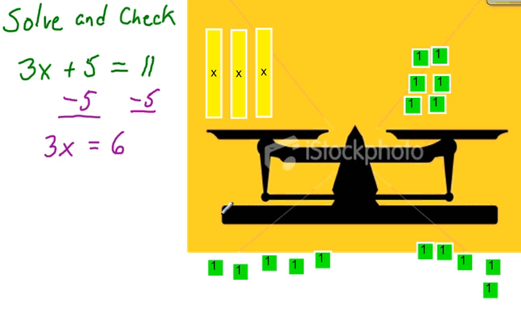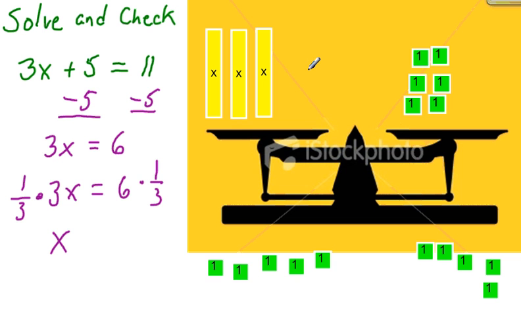What I can do to get to 1x is multiply each side by the reciprocal of 3. In other words, take 1/3 of this 3x. But again, if I'm taking 1/3 of this left side, I've got to take 1/3 of the right side.